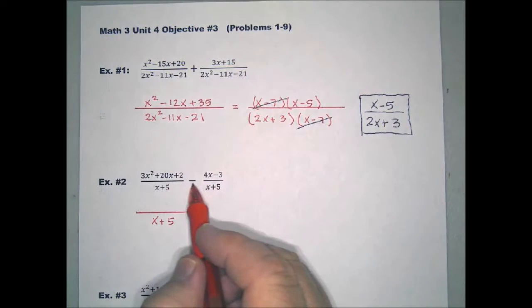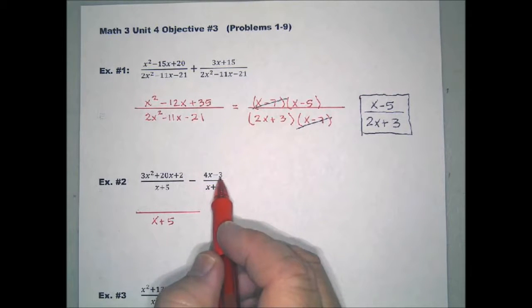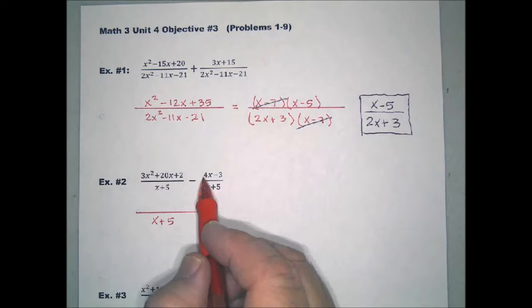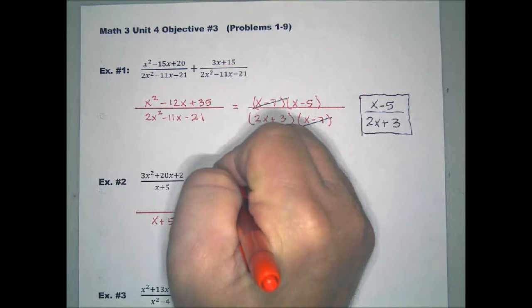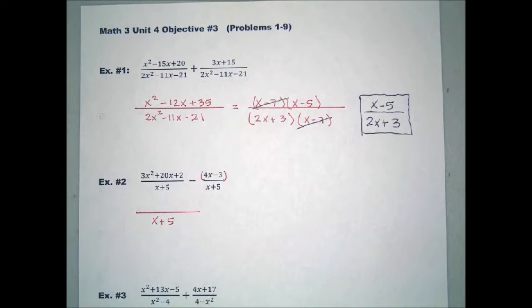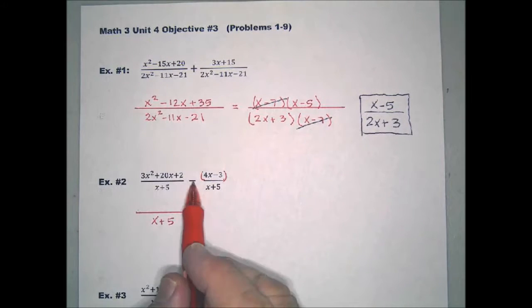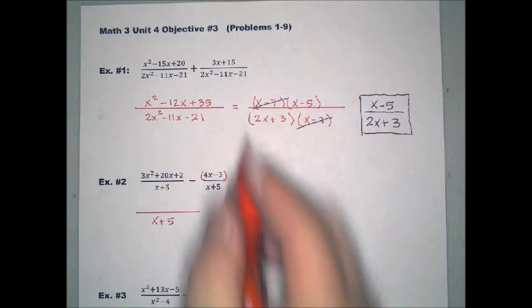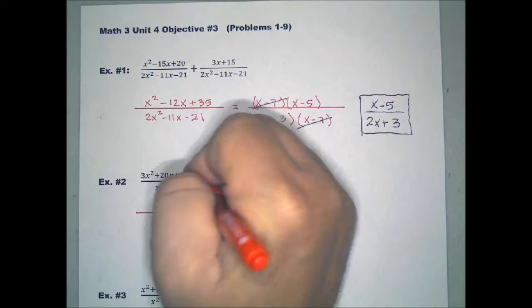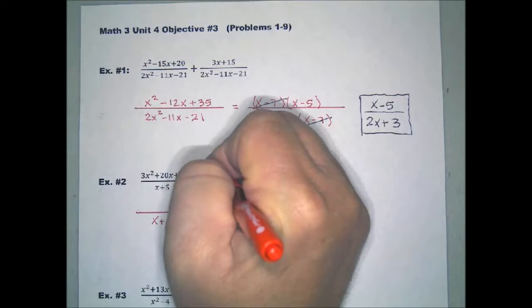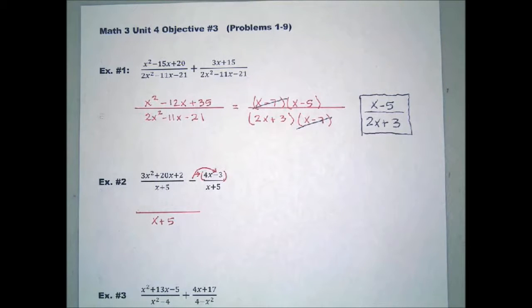Now, this minus sign, the 4x minus 3 up here is a binomial. Now, it isn't presented with parentheses around it, but I'm going to put parentheses around it, and that's just going to remind me that this subtraction sign needs to get distributed to the 4x, and it gets distributed to the minus 3.